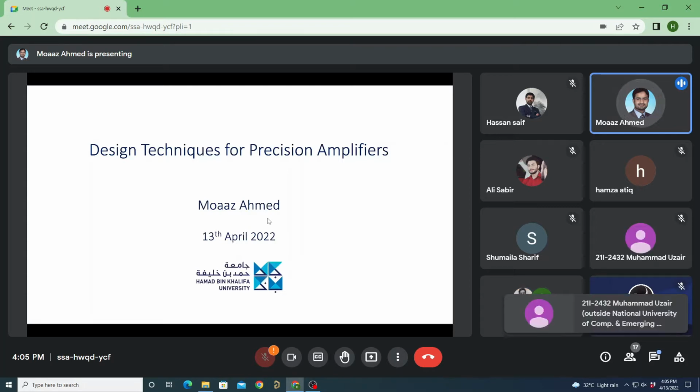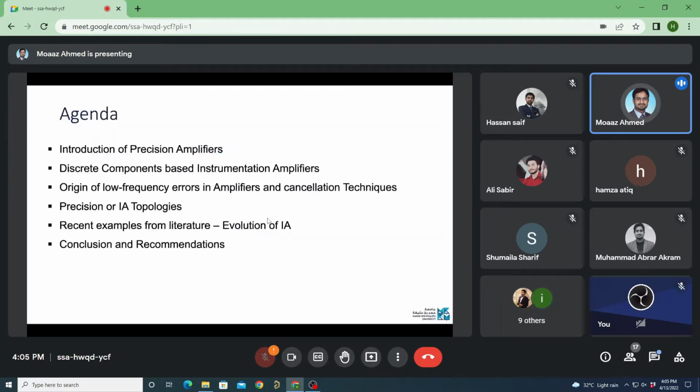Then we will study the origin of low frequency errors that are inevitable in all kinds of amplifiers. And then cancellation techniques that could be followed to get rid of these errors. Then we go through some popular instrumentation amplifier topologies, then recent examples from the literature, then conclusion and recommendations.